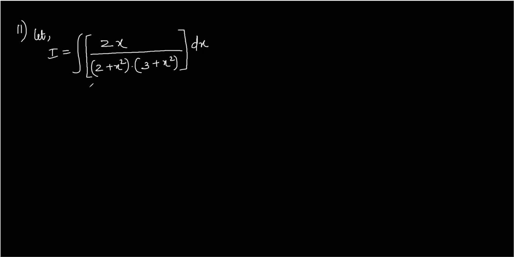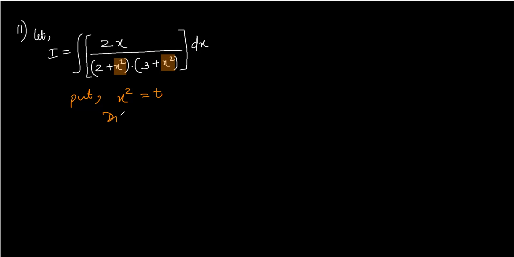I understand that if I put x square as t, these two, x square here and x square here, will become t. Moreover, if I have t here, everything has to be in t, and this dx will have to be changed into dt.